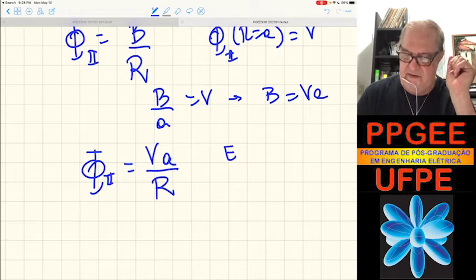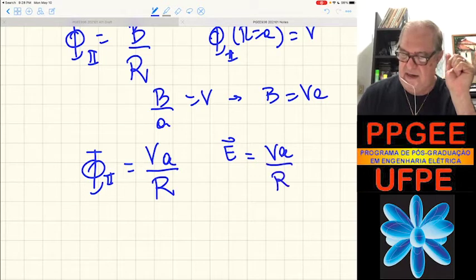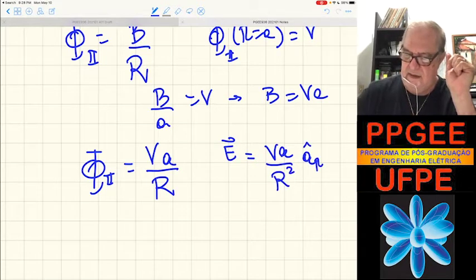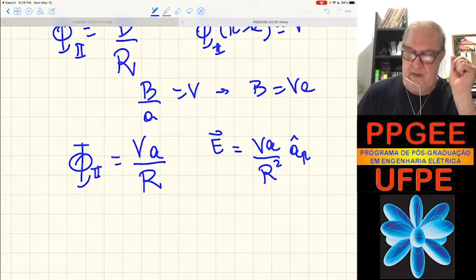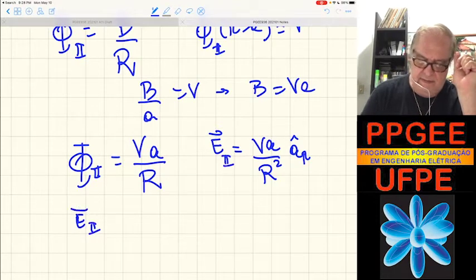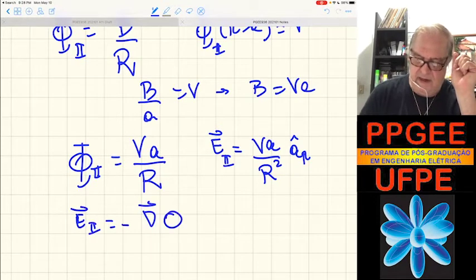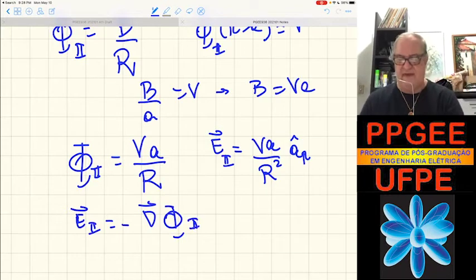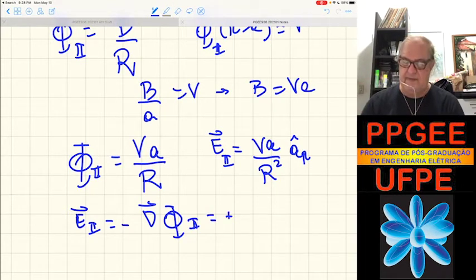You can calculate the field, which is going to be VA over R squared a_r, which is minus the gradient of phi 2. The derivative is 1 over R squared, minus times minus, plus VA over R squared a_r.